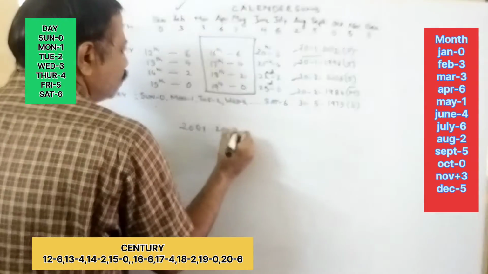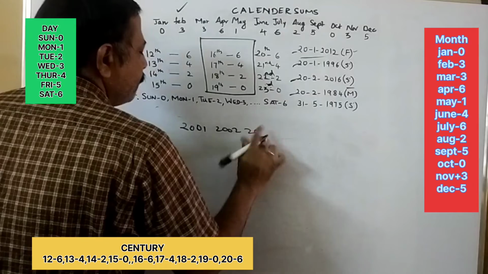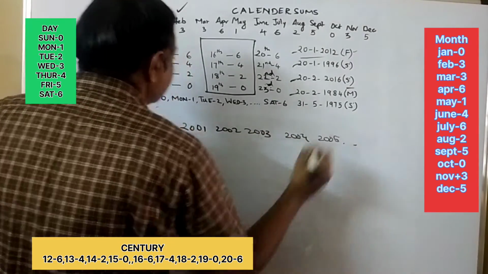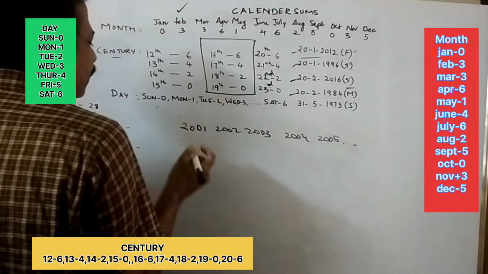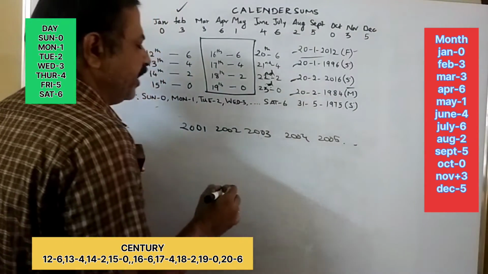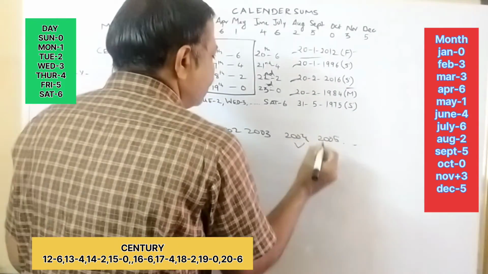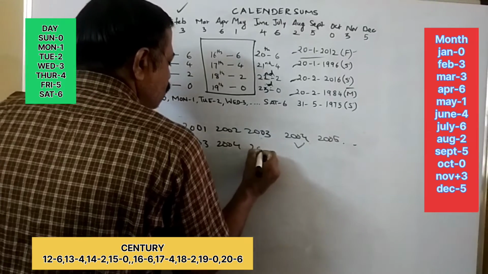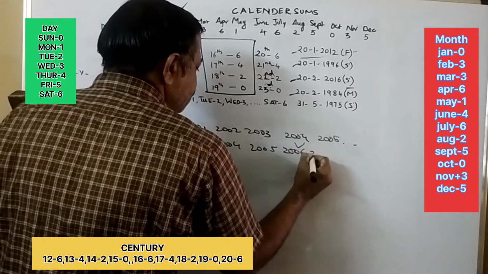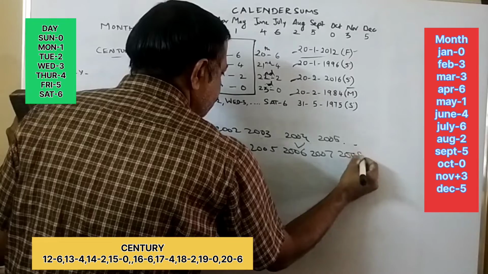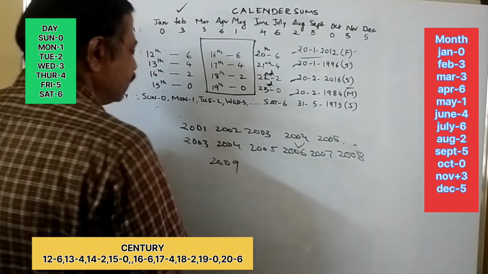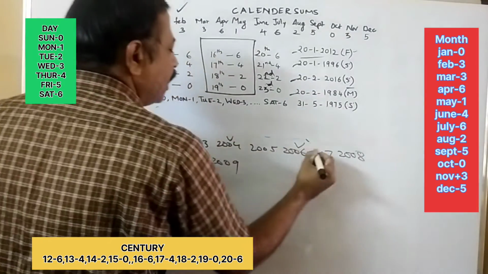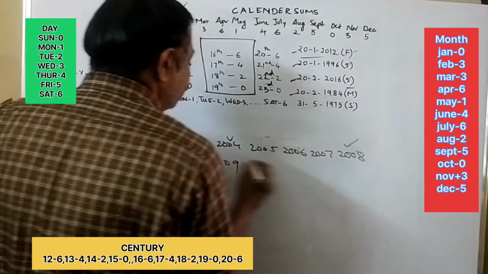2001, 2002, 2003, 2004, 2005, like this, dear students. If there are 2 leap years between any 2 years, for example, 2004 is a leap year. So let me write from 2003, 2004, 2005, 2006, 2007, 2008, 2009. Between 2004 and 2008, there are 2 leap years.